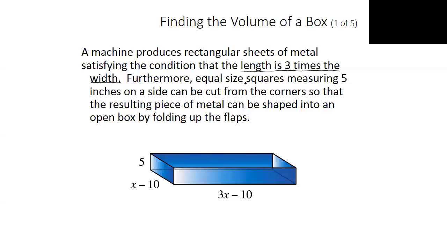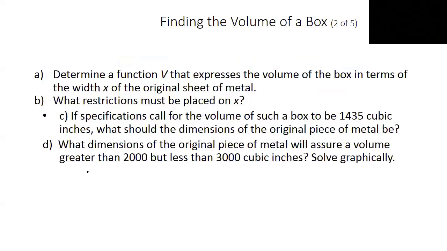Furthermore, equal size squares measuring 5 inches on a side can be cut from the corners so that the pieces of metal can be shaped into an open box by folding up the flaps. So let's take a look at the figure here.